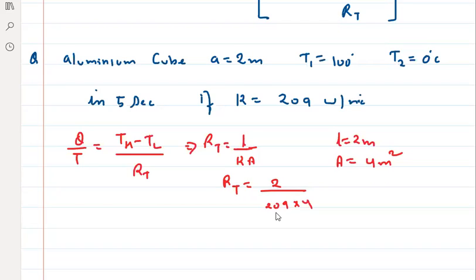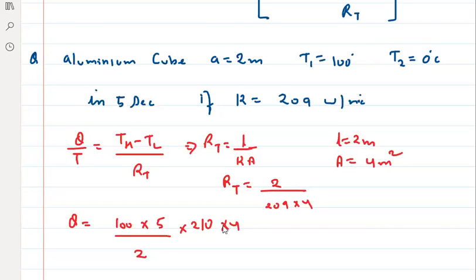According to approximation, you can make it as 210, doesn't matter. So Q is equal to T_H minus T_L, which is 100 minus 0, into time, which is 5 seconds, divided by R_T, which is 2 over 210 into 4.